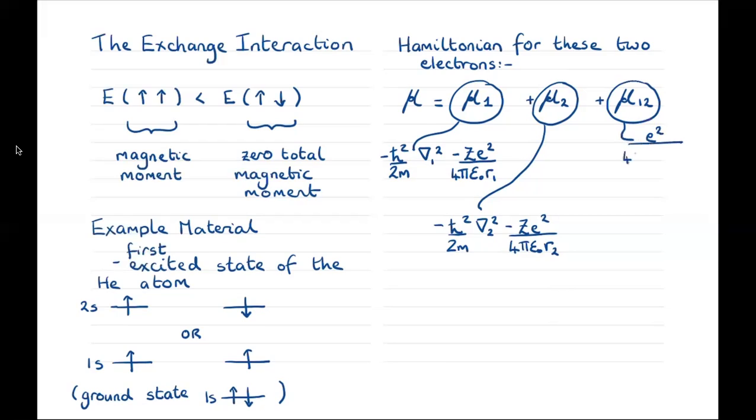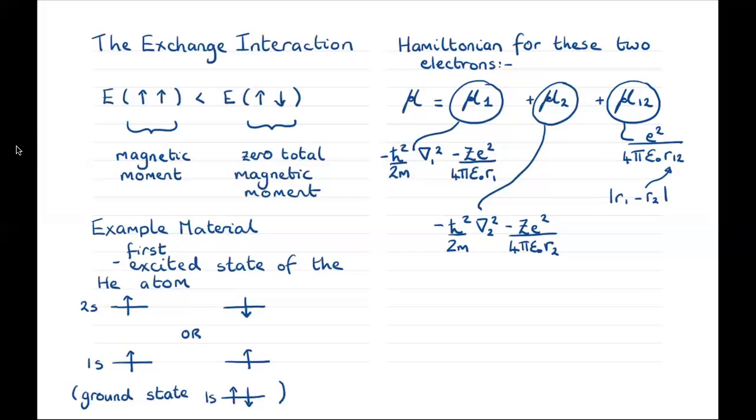And it's positive because both the electrons have the same charge, and so it's repulsive. And R12 here is the distance between electron 1 and electron 2.